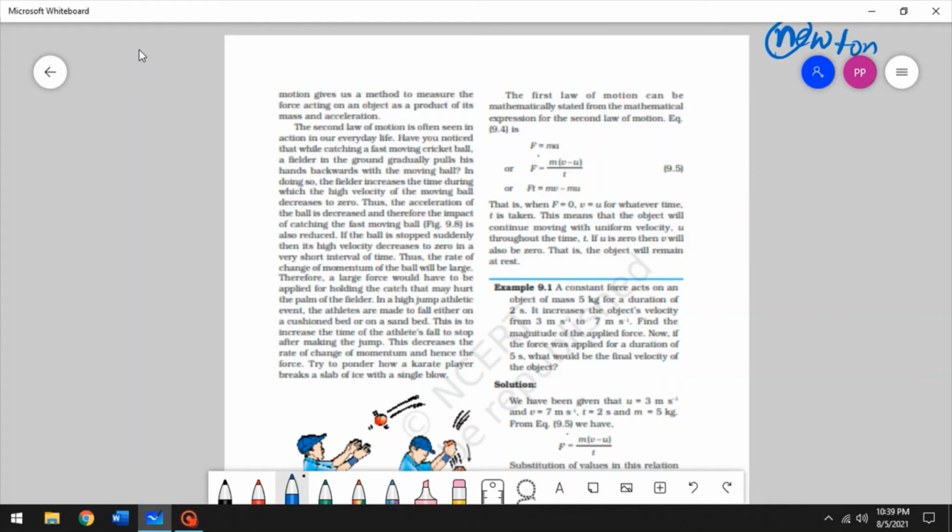Whenever a fielder is catching the ball, whoever is throwing the ball is throwing it across a large distance, almost half the field. So when they're throwing it across such a large distance, they use a lot of force because it has to travel until there, it has to overcome the air resistance that it goes through and all of that, right?